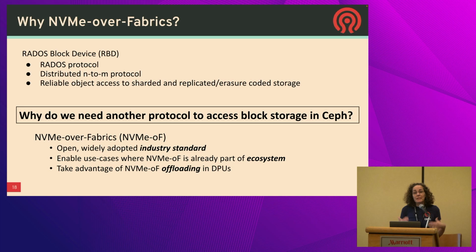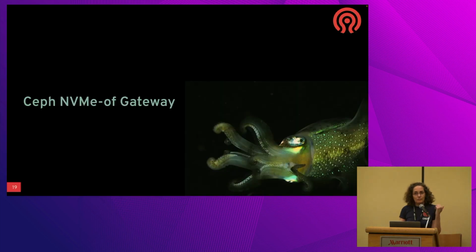In that case, we need a standard industry protocol, and NVMe-over-Fabric is one. There are also many use cases for NVMe-over-Fabric in the ecosystem, so it's much easier to adopt, and it can use the offloading that we have in the DPUs. So I think I convinced you why we want NVMe-over-Fabric.